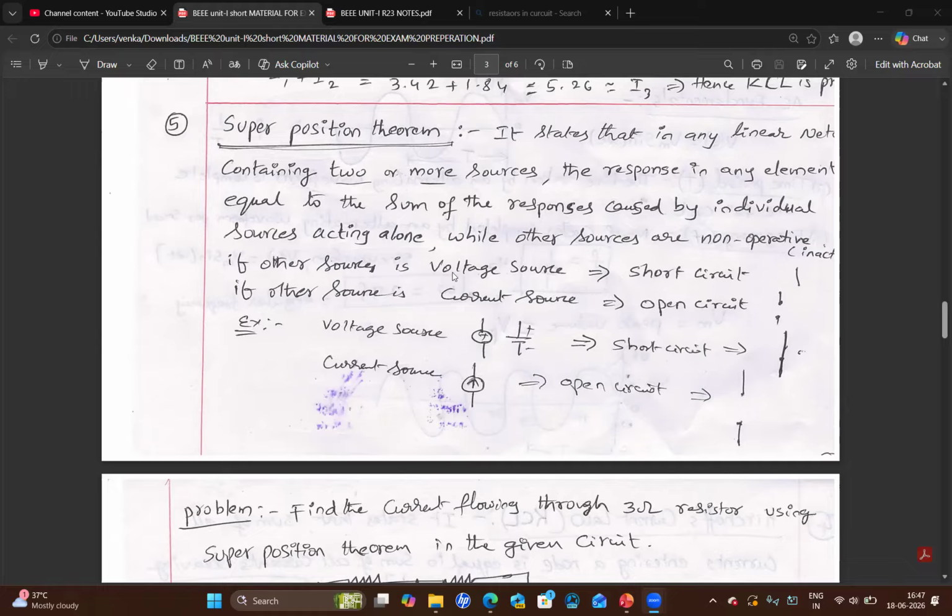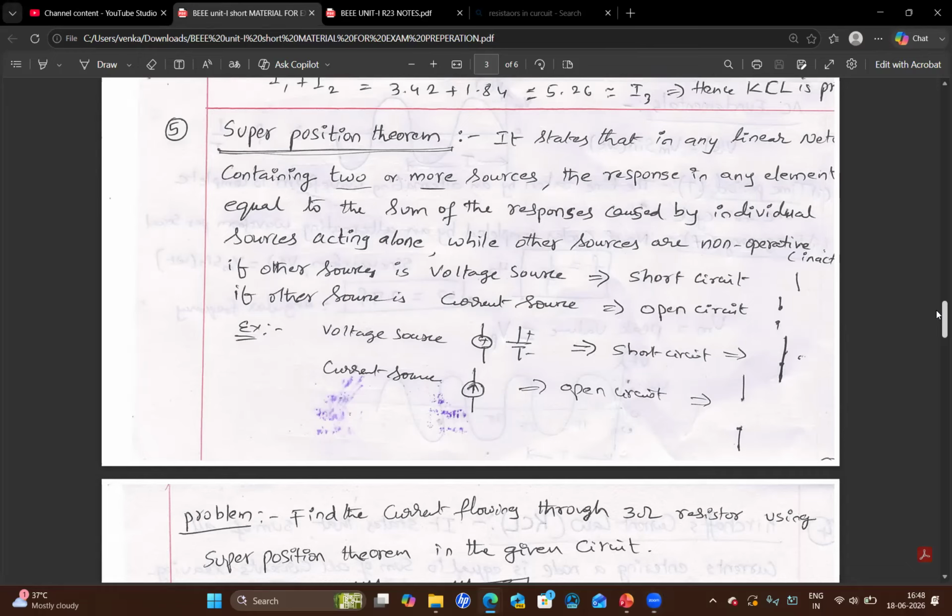If the other source is a voltage source, then we need to make it a short circuit, like a wire. If the other source is a current source, make it an open circuit. So always convert voltage sources into short circuits and current sources into open circuits if they are not active.